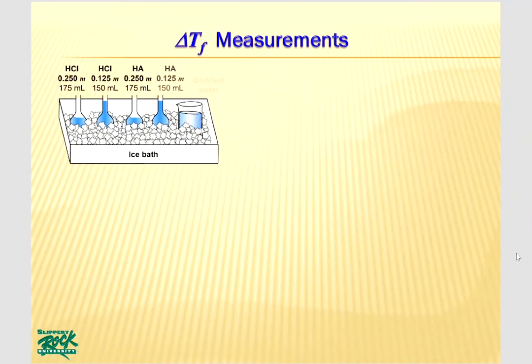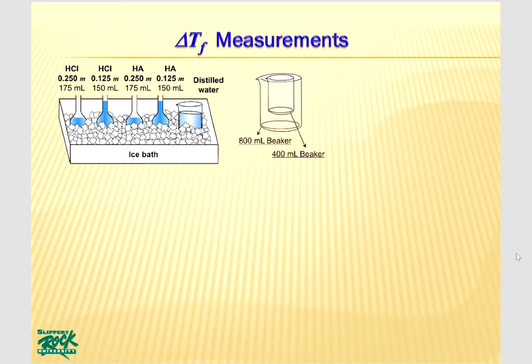Place 2 solutions of hydrochloric acid, 2 solutions of monochloroacetic acid, and distilled water in an ice bath. Now, make an apparatus for measuring the freezing point of the 4 aqueous solutions. Place a 400 milliliter beaker into an 800 milliliter beaker.